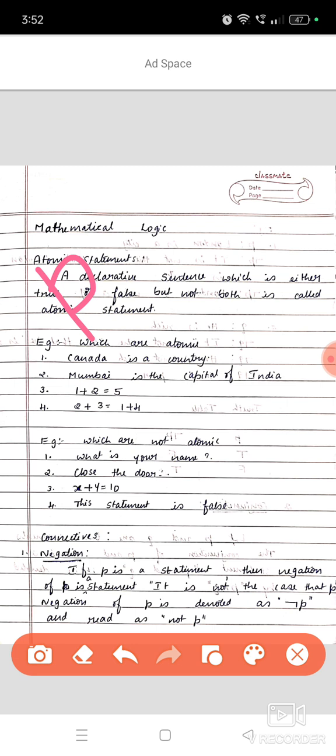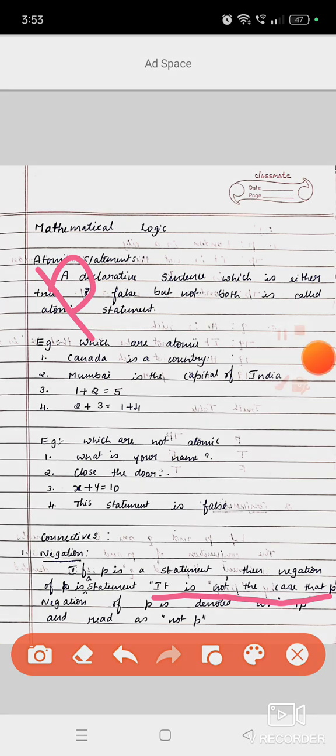The negative of a statement is called the negation of that atomic statement. We can also write the negation of a statement as "it is not the case that P."